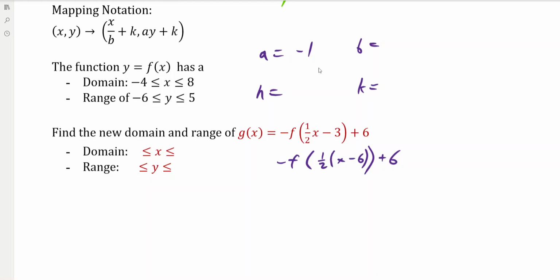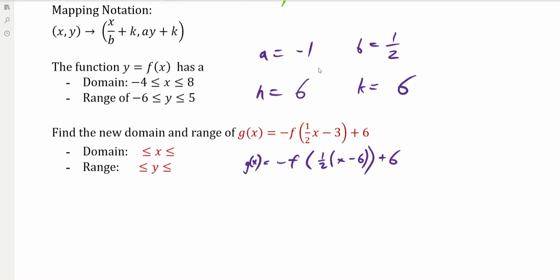So hopefully you can see why, if we take out the half, we have to multiply by 2 here and 2 here to cancel out the x, but to keep it all evened out. Okay, so where are we? So the B value is 1/2, the H value is 6, and the K value is also 6.